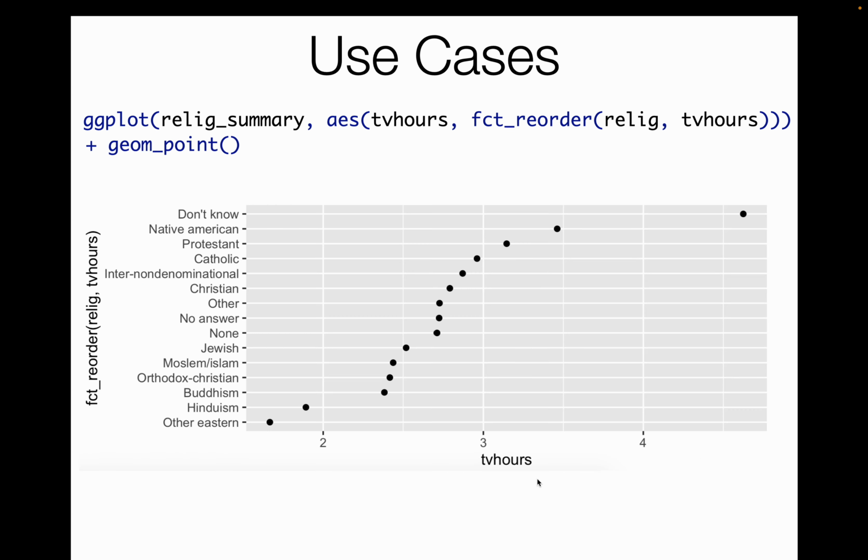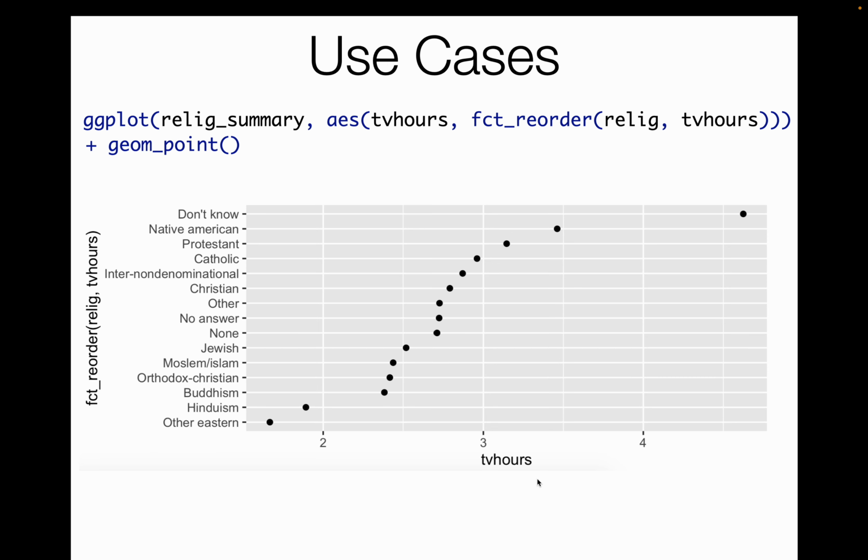Okay, and so here's the plot that I'm looking for. How did I get there? I use the same aesthetics, but if you look in the y aesthetic, instead of just saying religion, or RELIG, I use this function called fct_reorder.